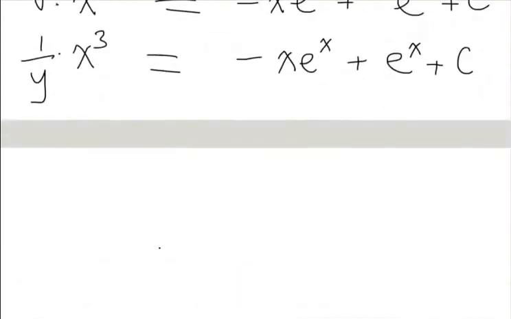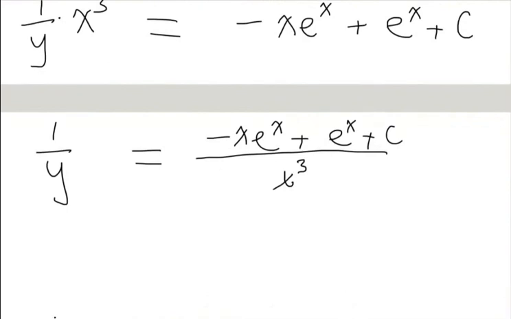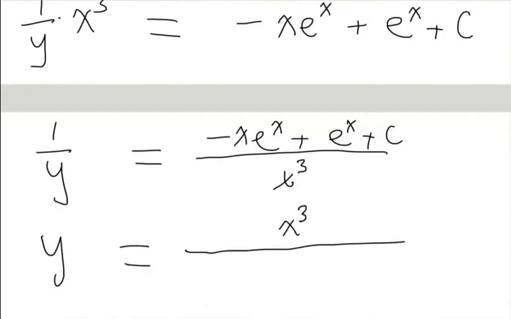Now try to solve for y. We divide everything by x cubed, like this: minus x e to the x plus e to the x plus c, divided by x cubed, and solve for y by taking the reciprocal, by flipping this.